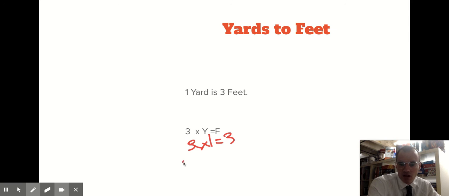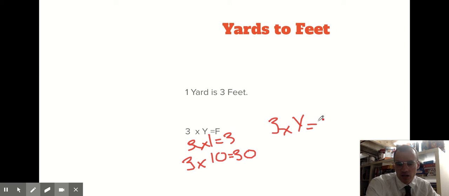If I had 10 yards, that would be 3 times 10, and that would be 30 feet. Now, as you move on, they might give it to you like this: 3 times y, and then they might give you that number, in which case you're going to have to flip it into a division problem. So I'll do that real quick. 21. So that actually becomes 21 divided by 3, which we all know is 7, right?